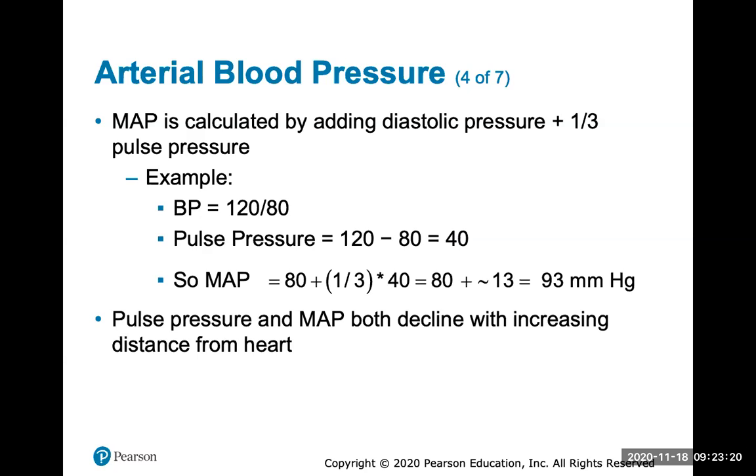So if your blood pressure is 120 over 80, the mean arterial pressure is 80 plus 1/3 of the pulse pressure, which is 40. That is equal to about 93 millimeters of mercury. The pulse pressure and the mean arterial pressure both decline with increasing distance from the heart. I do want you to know how to calculate the mean arterial pressure. Again, you add the diastolic pressure plus 1/3 of the pulse pressure.